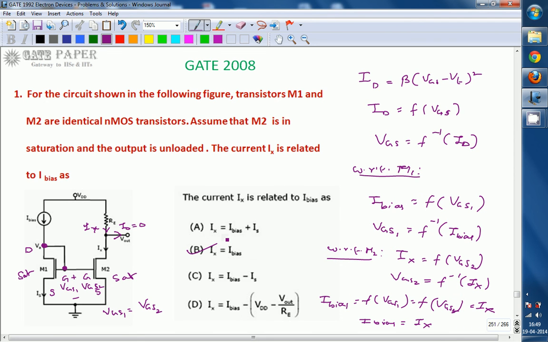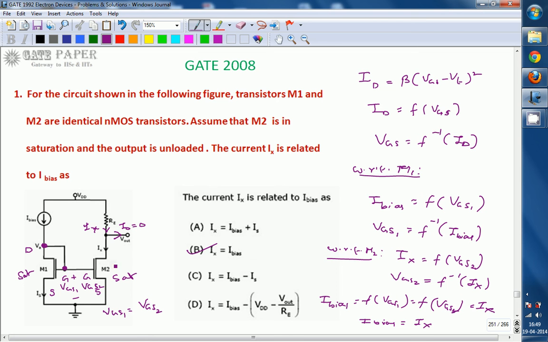Otherwise, you can think about it in this way, instead of going the mathematical way. The gates of M1 and M2 are shorted, and the sources of M1 and M2 are shorted. That implies VGS1 is equal to VGS2.